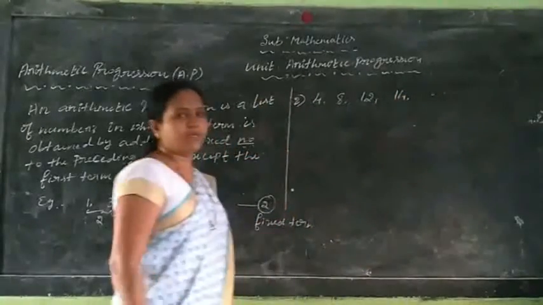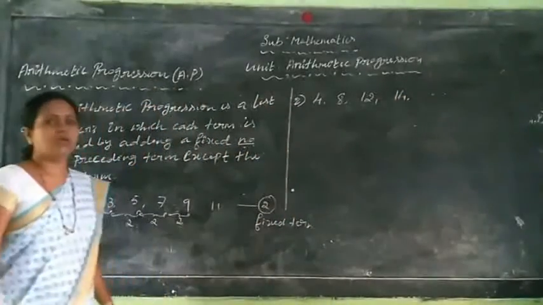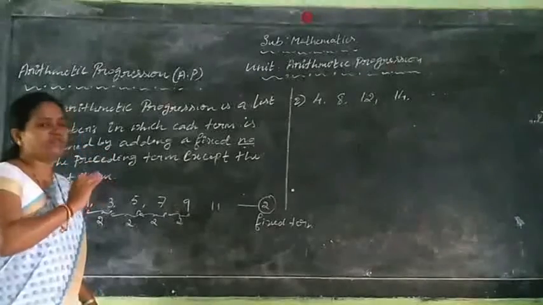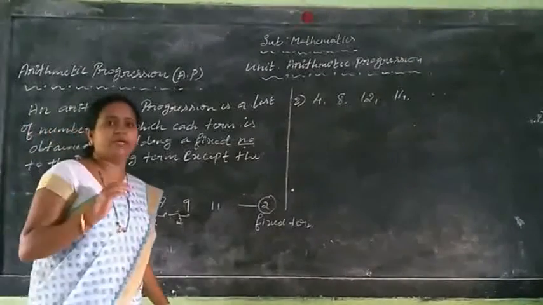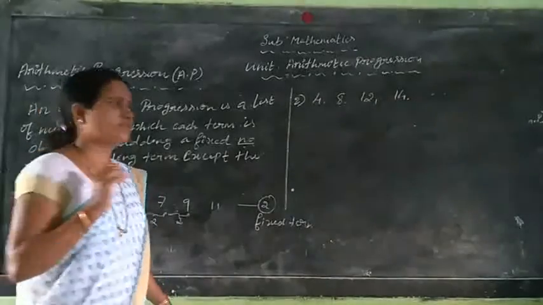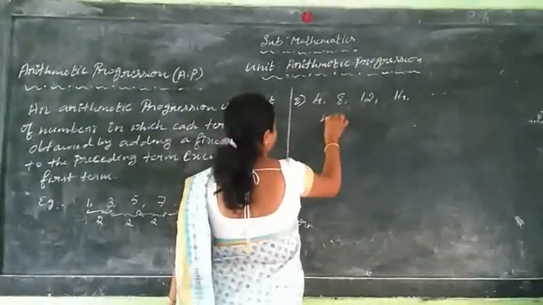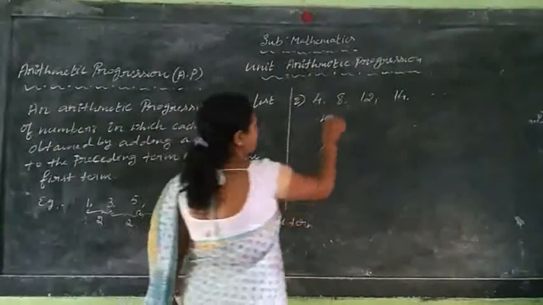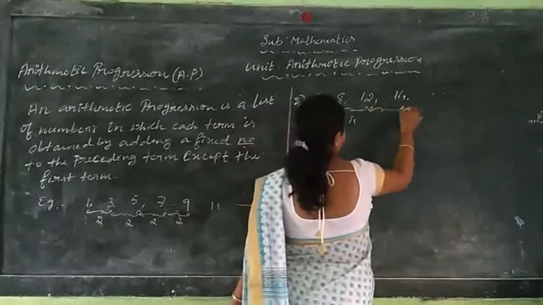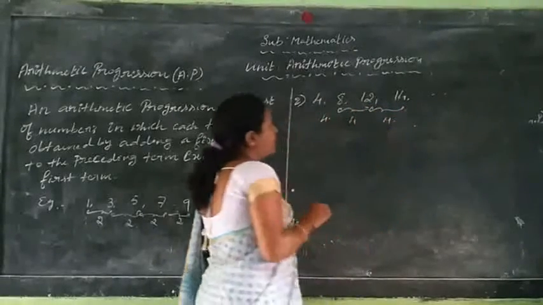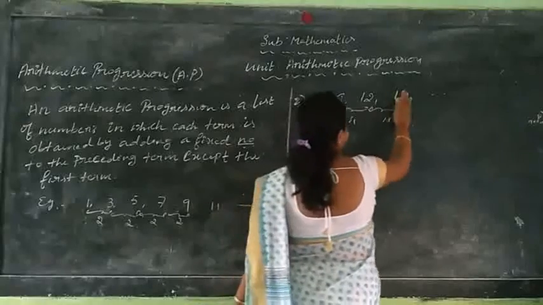Okay, which is the first term here? 4. Okay, what is the difference between the first term and the second term? For 4, what we have to add to get an 8? Yes, we have to add 4. So, in the same thing for next 4. Here also 4. Sorry, this is 16.